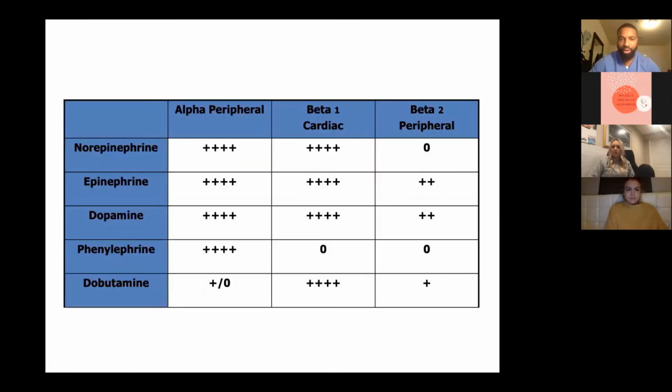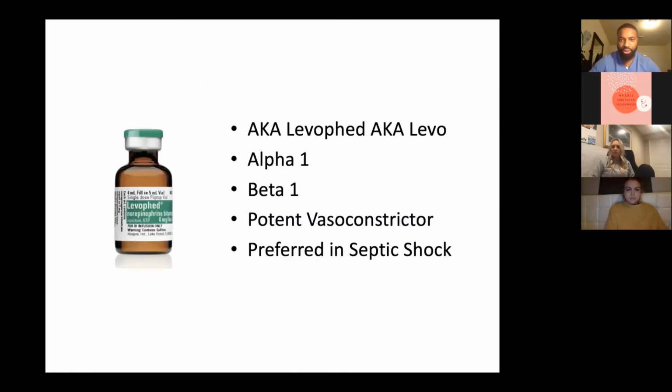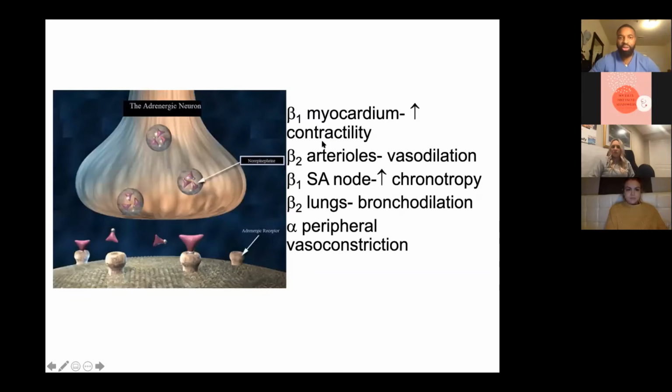So let's talk a little bit about receptors. You have this neuron, the synaptic cleft, and adrenergic receptors, with norepinephrine coming from the synaptic bulb and being released in the synaptic space. So they bind to their receptors.